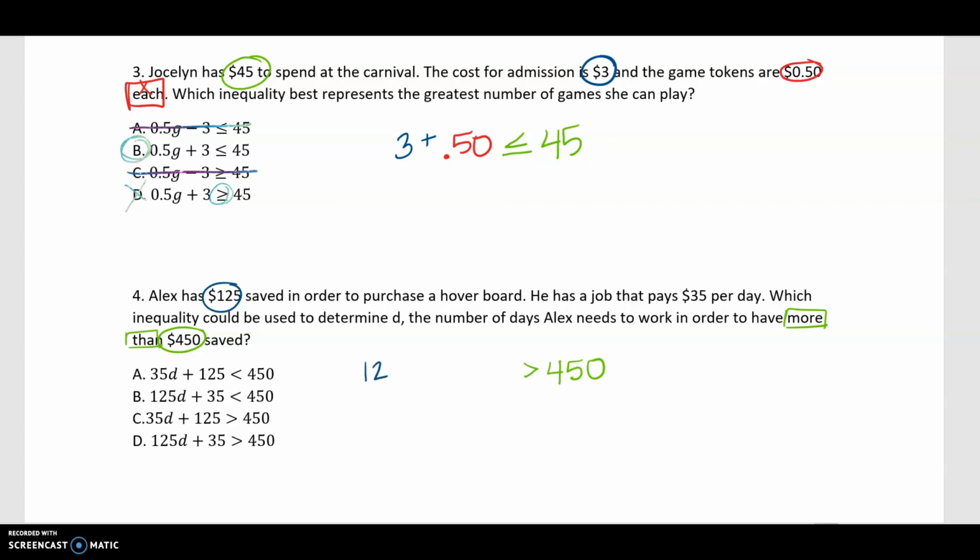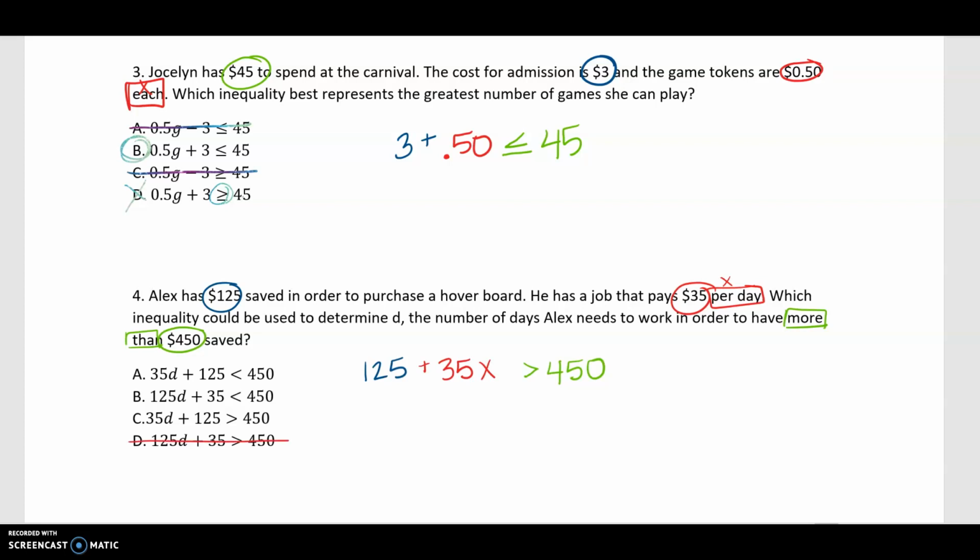So we're starting with $125, and then he's working, and it says he makes $35 per day. Per means multiply. So he already has $125, and we're adding $35 per day, and we need to make more than 450. Okay, so we should be multiplying 35 per day.